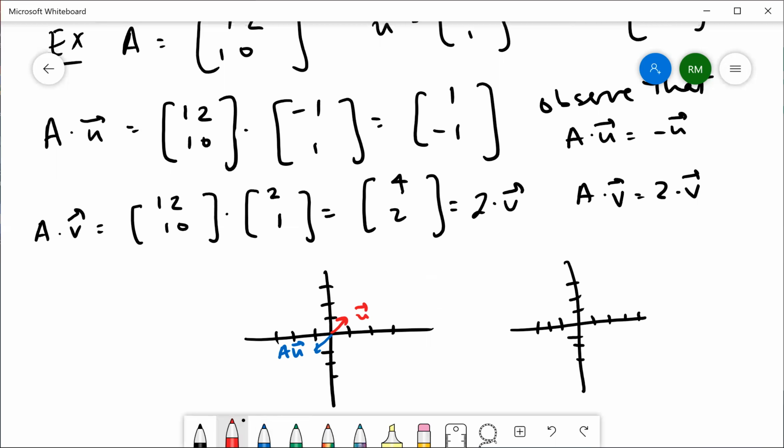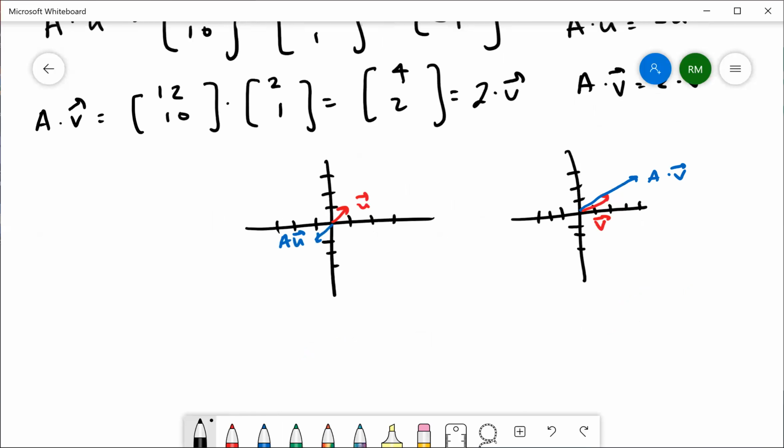If this is my vector v, this is my vector A times v. So we see that in the case of u, A is flipping the vector u around. In the case of the vector v, A is stretching out the vector v.